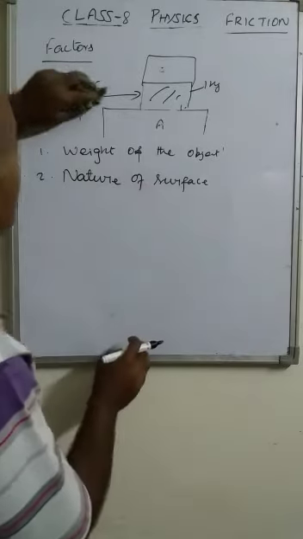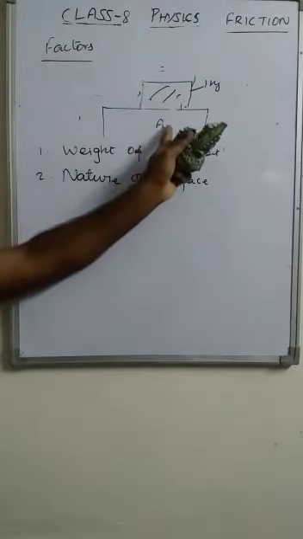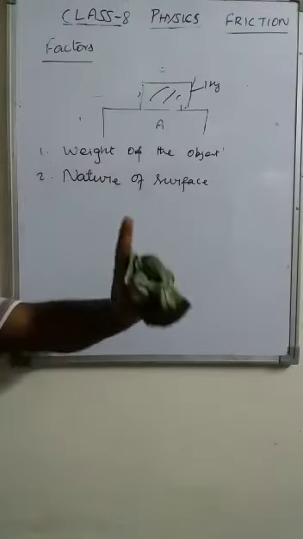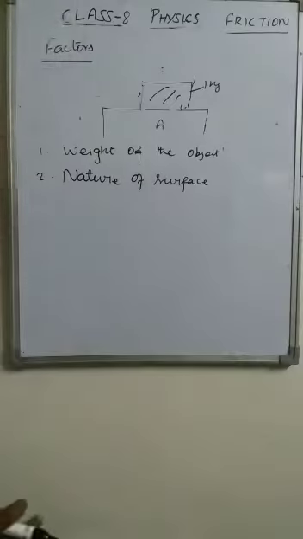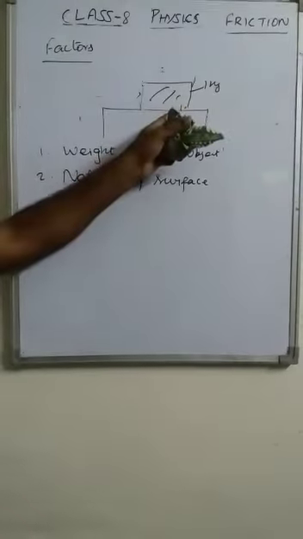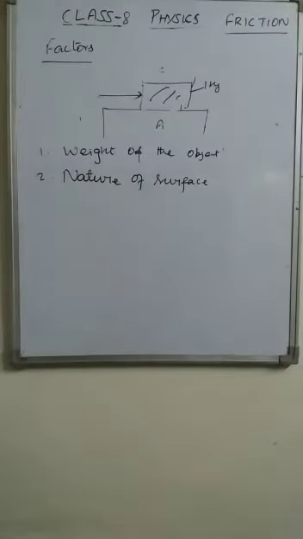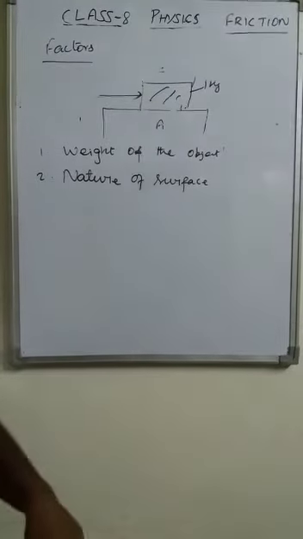Second factor, nature of surface. If we change the surface continuously, if we put a more polished surface, then a less polished surface, then a rough surface, on all the surfaces we require a different force to move the object. So as we change the surface, its nature also changes.